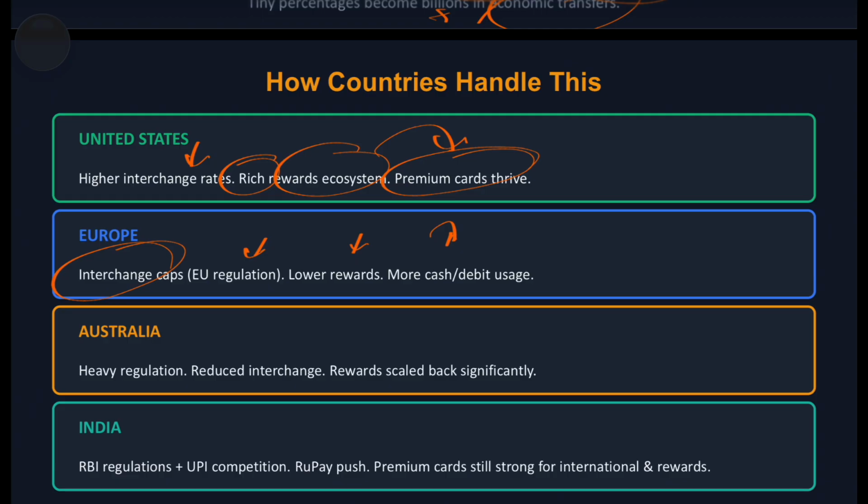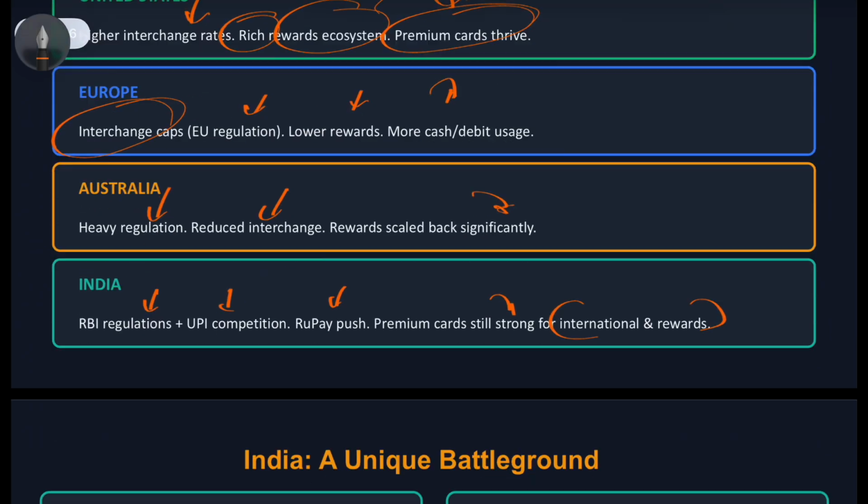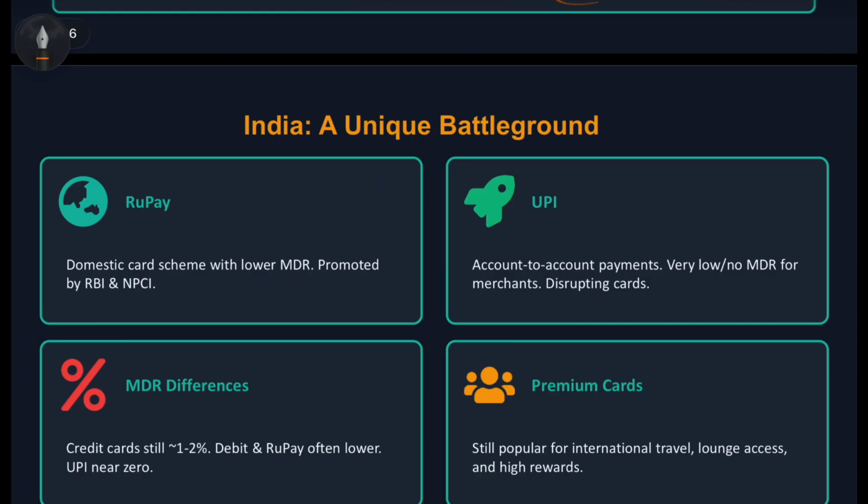So there is more cash or maybe debit card usage. In Australia, the regulations are quite heavy, so the interchange is automatically reduced. So rewards are scaled back significantly, so they enjoy little to no rewards. In India, with RBI regulation plus the UPI competition, RuPay is being pushed, and premium cards are still strong for international trips or maybe rewards, right?